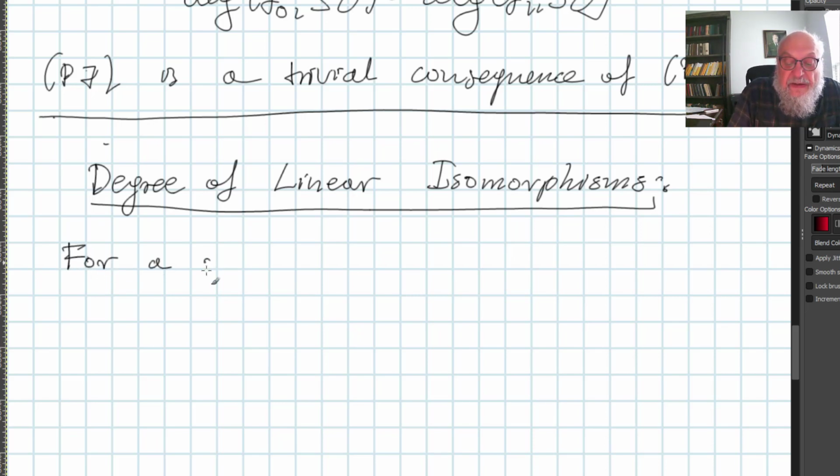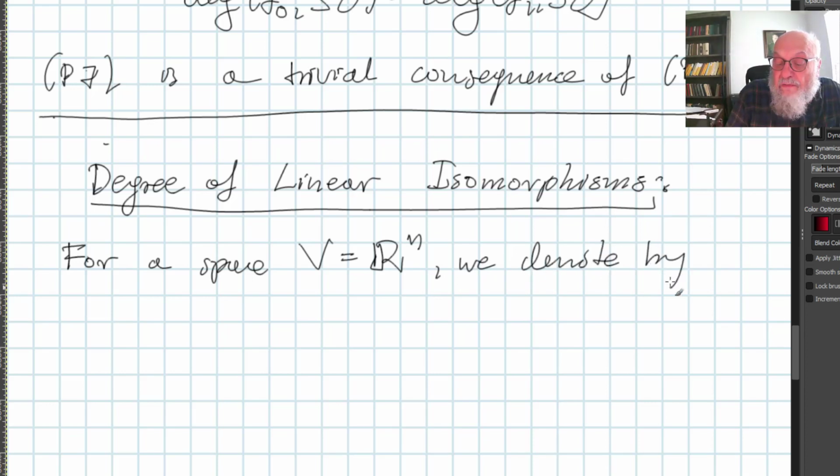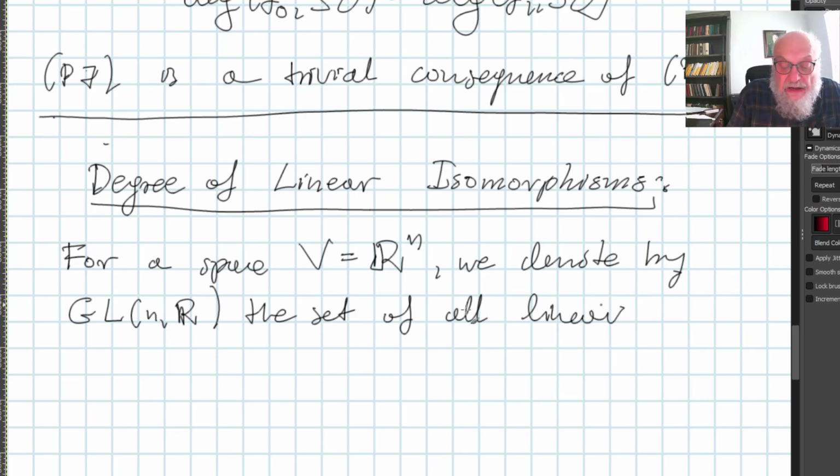For a space V equal to Rn, we denote by GL(n, R) the set of all linear isomorphisms A that go from Rn to Rn.